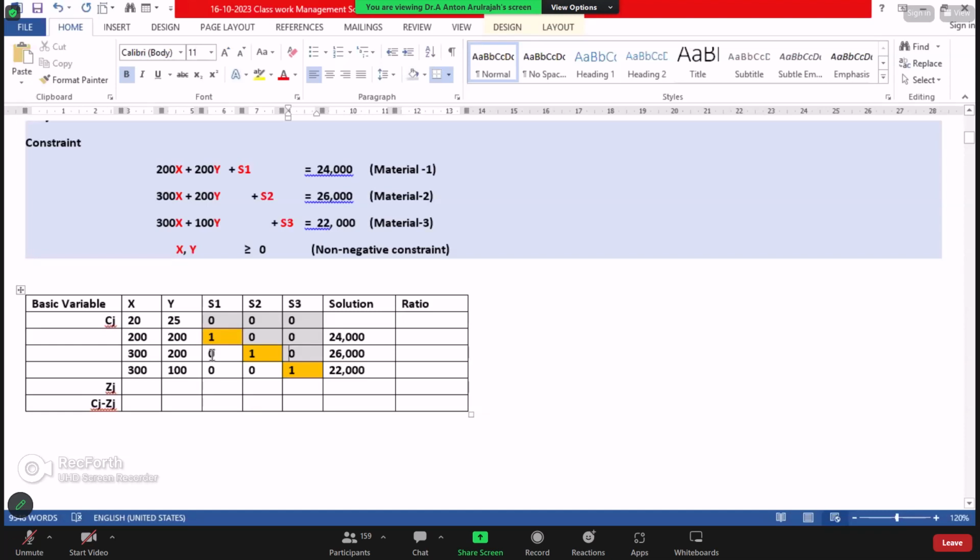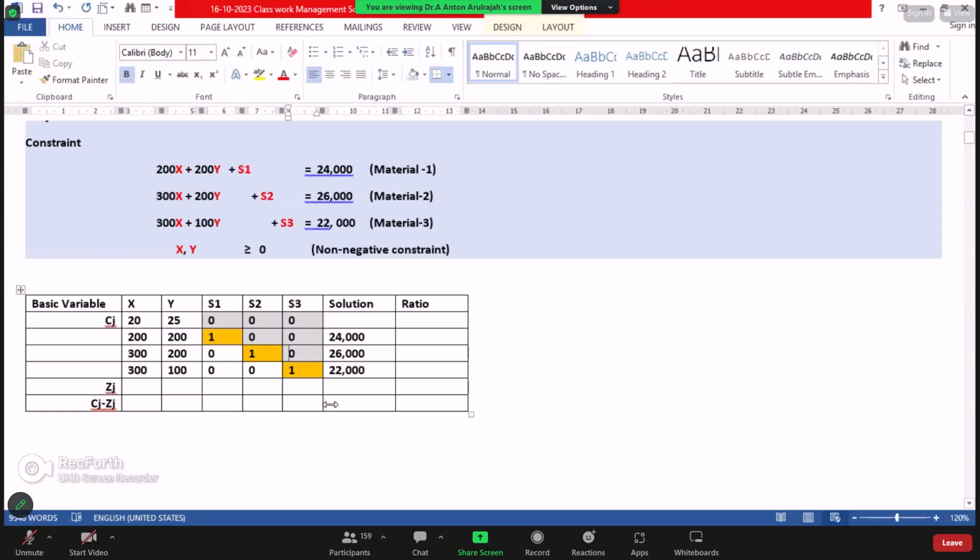Only this corner point, this one indicates 26,000 of material 2. This one indicates 22,000 of material 3.